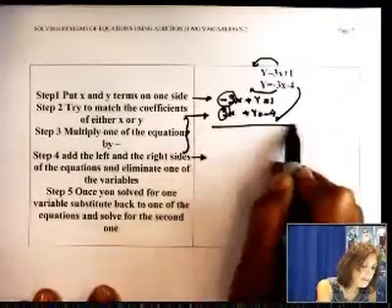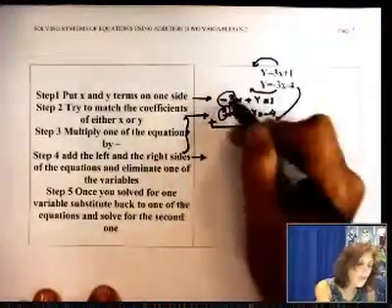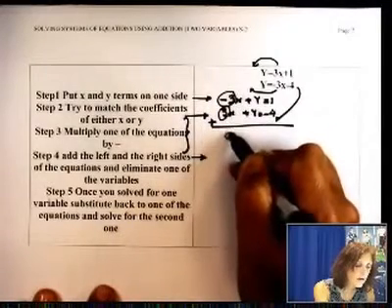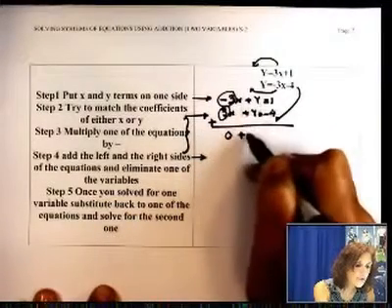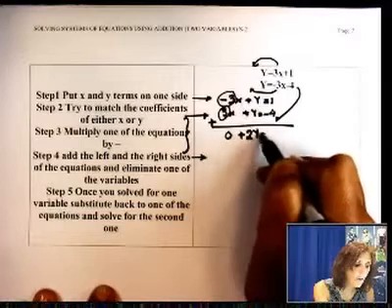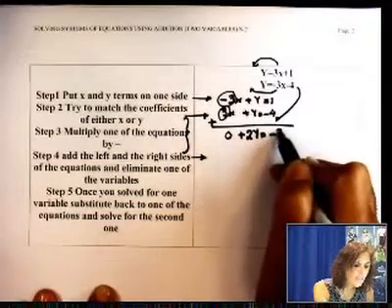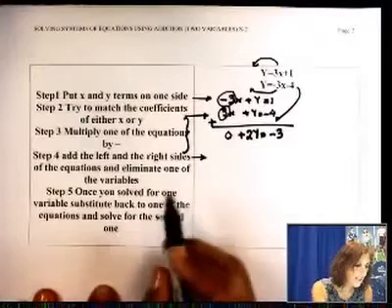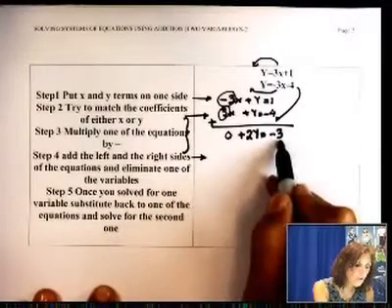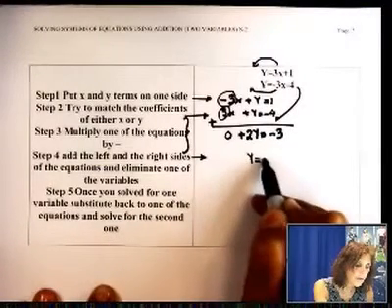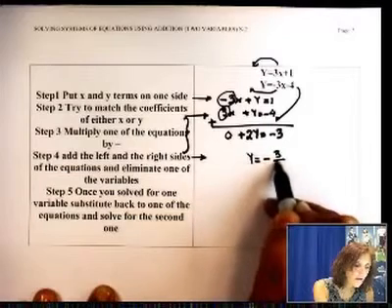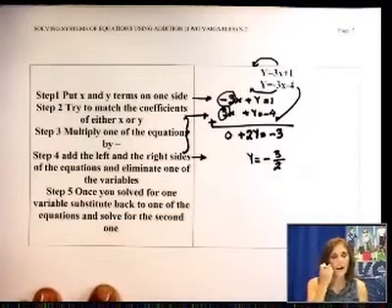So let's add left and right. When I add these two, I get 0. When I add these two, I get 2y. And when I add these two, I get negative 3. Okay? Then you can pull this variable out of that. Does it make sense? All right.